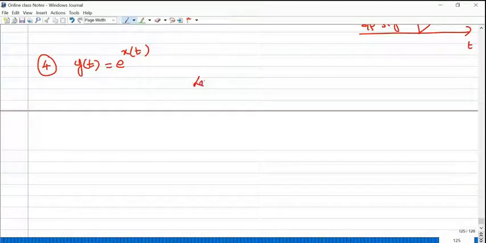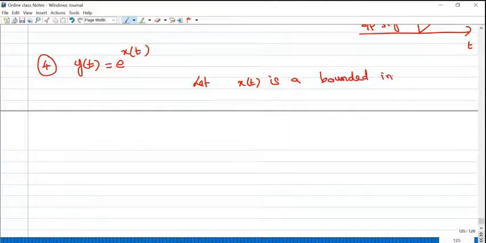So let us assume x of t is a bounded input. Any value you are assuming. Generally x of t is between minus b to b, where b is a constant. You can assume any value for this x of t, a bounded signal.